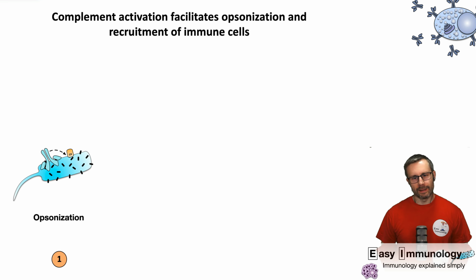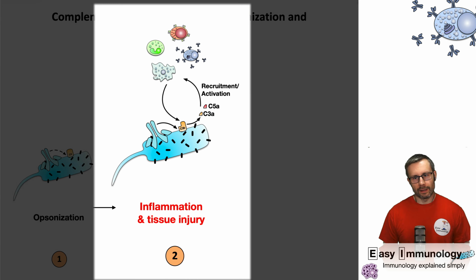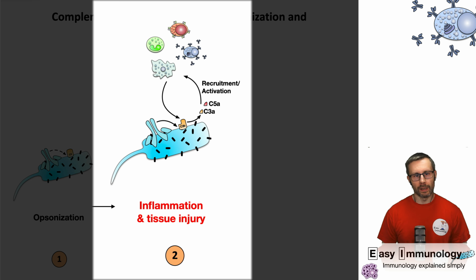So the complement system has basically 3 important steps. The first one is the opsonization, where the pathogen gets marked as dangerous and foreign by either the binding of antibodies or complement proteins. Then we have the induction of an immune response by recruiting and activating different cells of the immune system. And this results in inflammation. So an activation of the immune system results in inflammation.